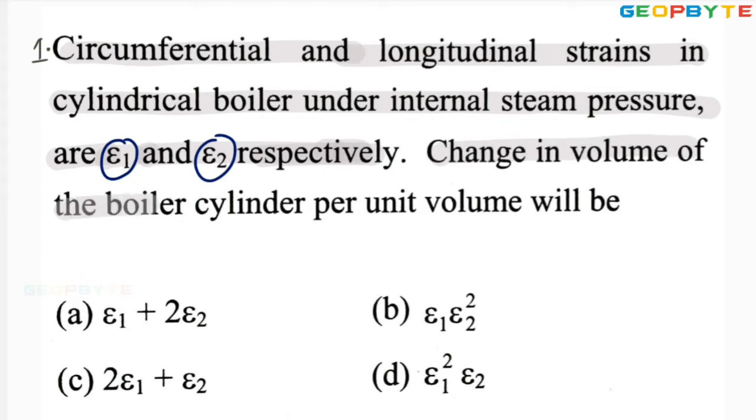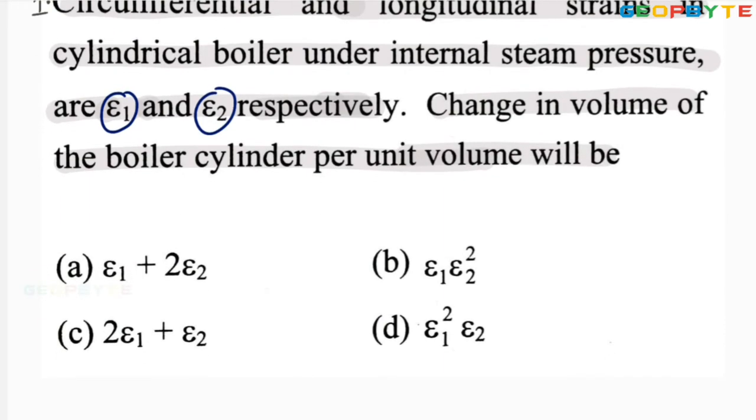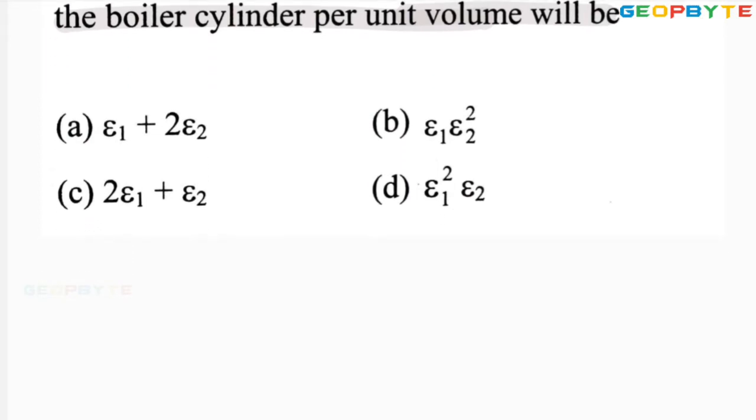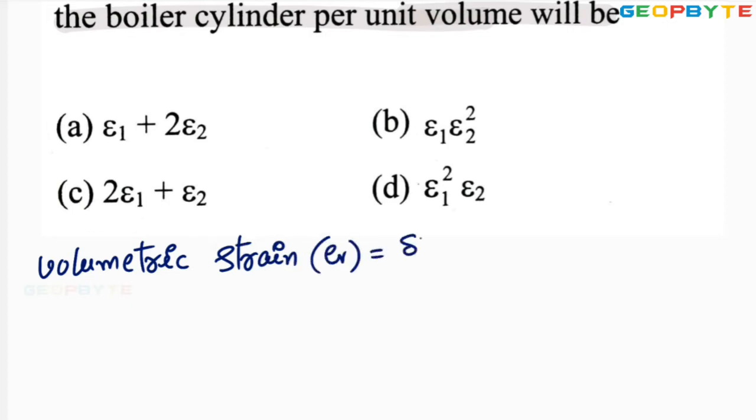Change in volume of the boiler cylinder per unit volume will be, the change in volume per unit volume is how much? It is like this. As we know, volumetric strain EV equal to ratio between the change in volume and original volume is equal to longitudinal strain plus twice the circumferential strain.